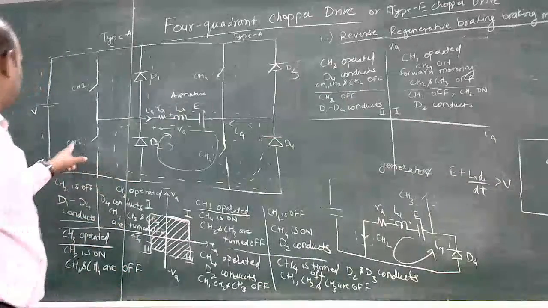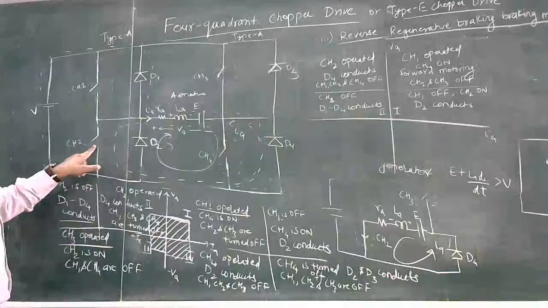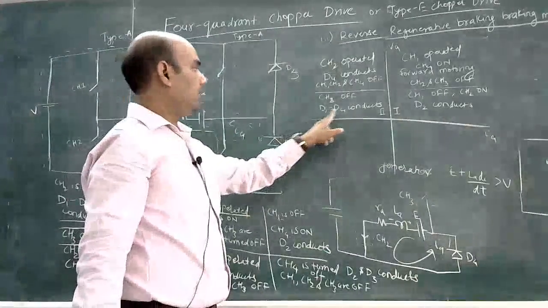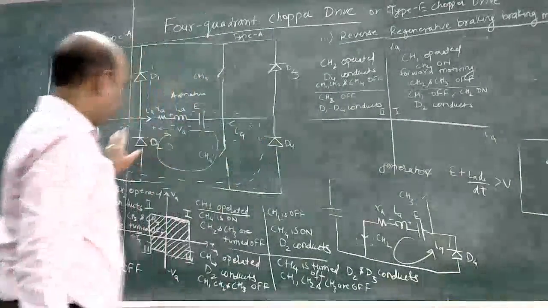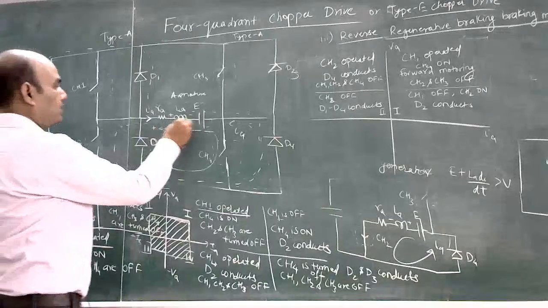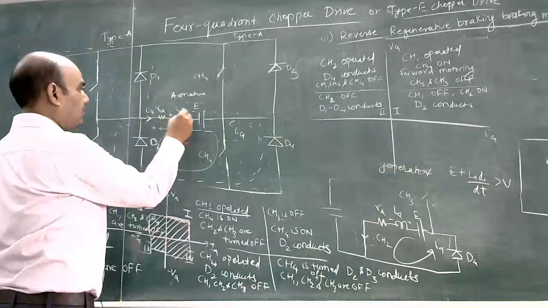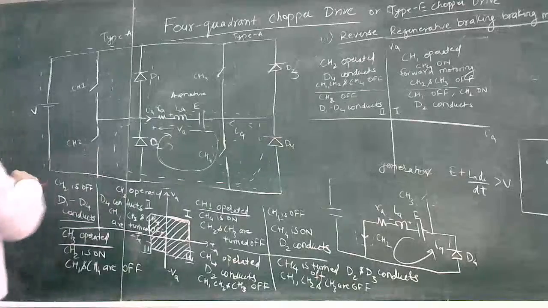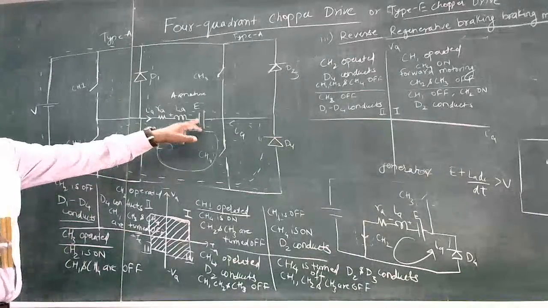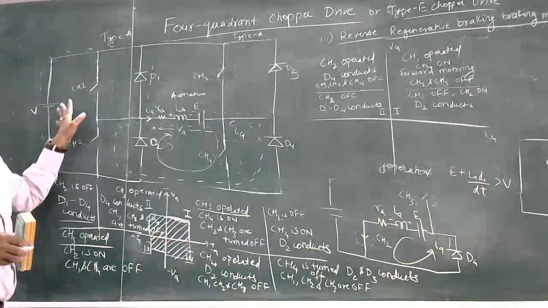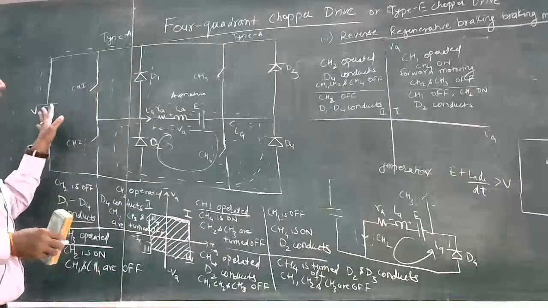So when switch CH2 is turned off, D1 and D4 conduct, and the voltage across the armature exceeds the supply voltage. So it will give energy back to the source. Power is given back to the supply source.